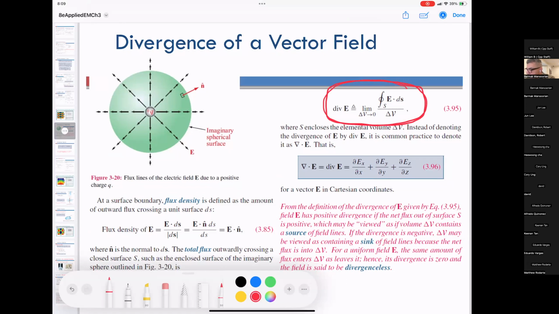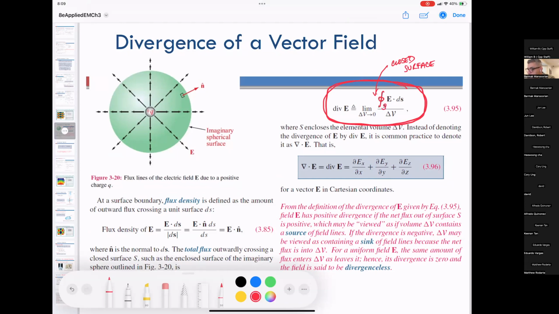Notice that we have an integral sign with a circle. The circle means it's a closed surface, which means there are no gaps in that surface, some surface S in this case.